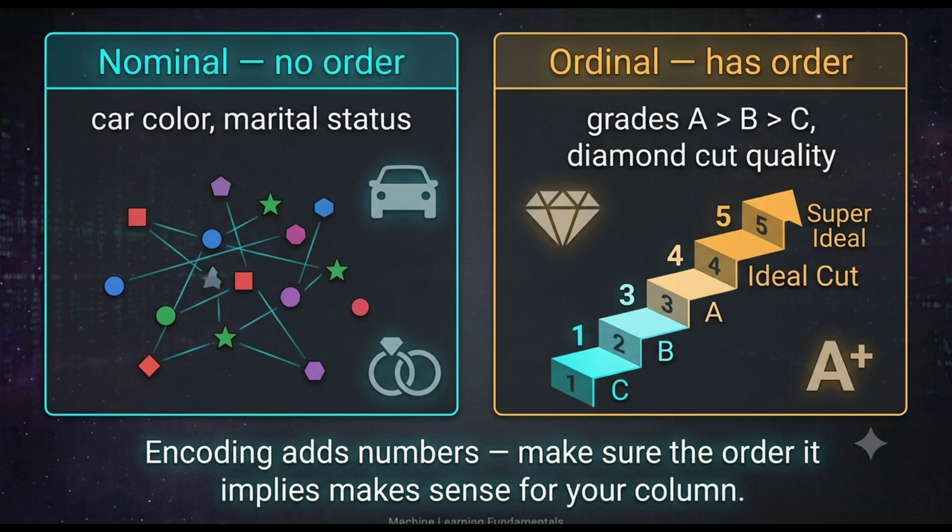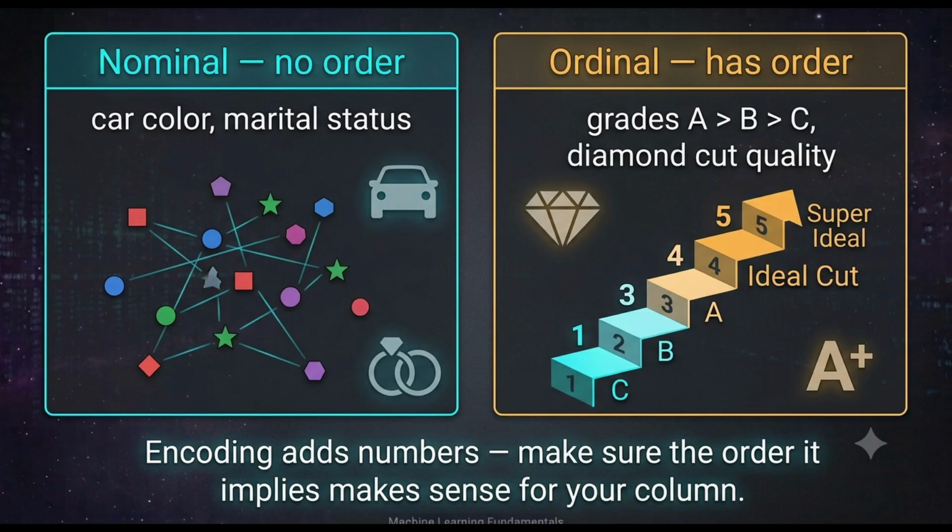The mechanic itself is straightforward. You bring in a tool called the label encoder. You point it at the cut column, and it assigns each distinct category its own integer. Ideal might become 2, premium might become 3, and so on. You then store these numbers in a new column alongside the original.